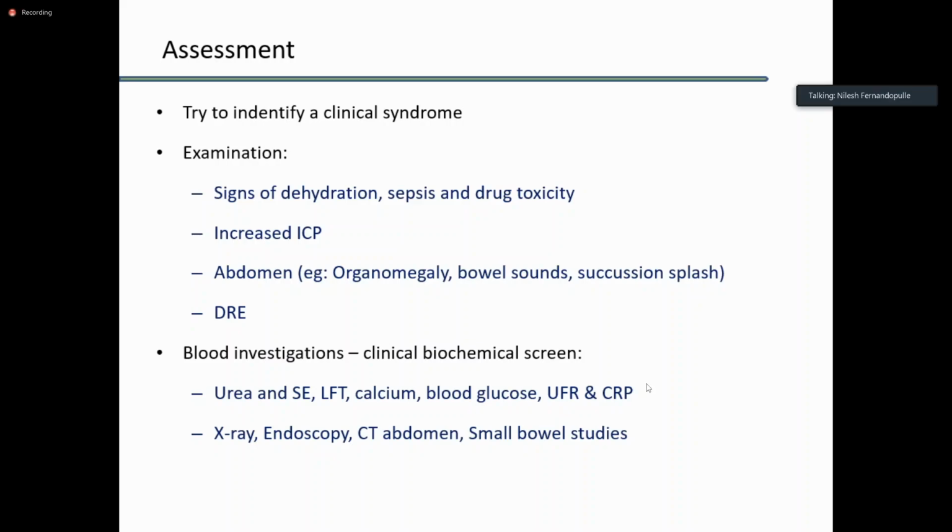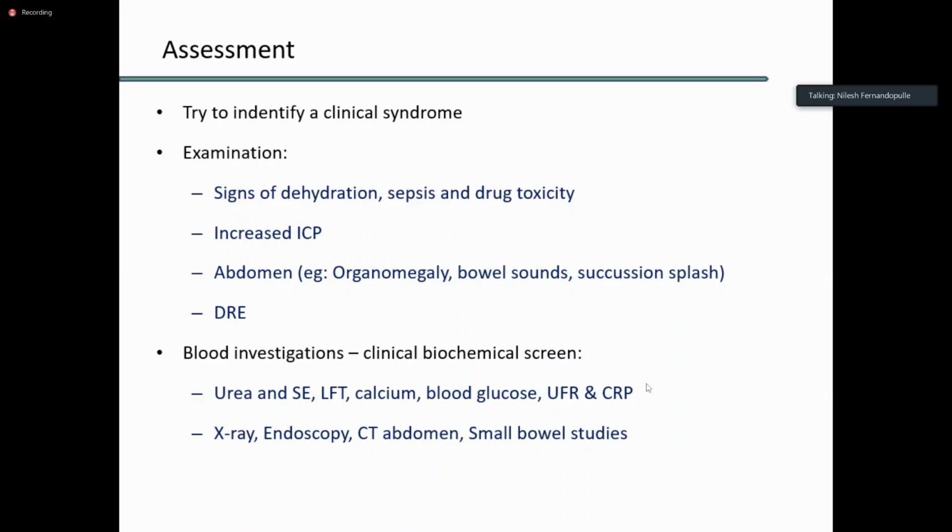A few investigations you can do: blood urea, electrolytes, liver profile, calcium, blood sugars, UFR to see whether there are infections, CRP. So a few things. Now you don't need to do a gamut of investigations. An X-ray might be useful if you're suspecting bowel obstruction, and endoscopy might be indicated depending on the case.